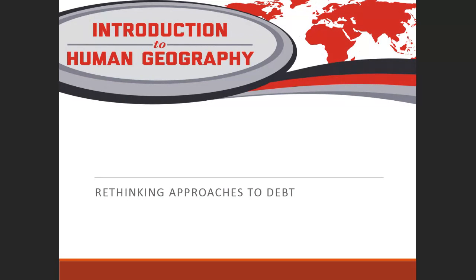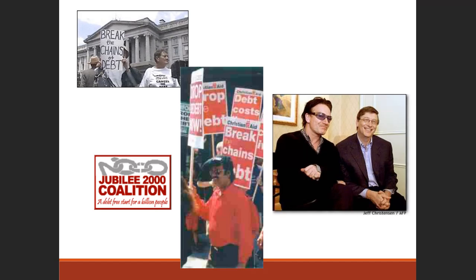So let's turn to rethinking approaches to debt, because sub-Saharan Africa has certainly struggled with debt. So has Latin America. Some parts of Southeast Asia, even our Asian tigers, have had issues with debt in the past. So again, going back to 2000, we had a whole lot of international conversations around debt, and Bill Gates got involved, as did Bono from U2.